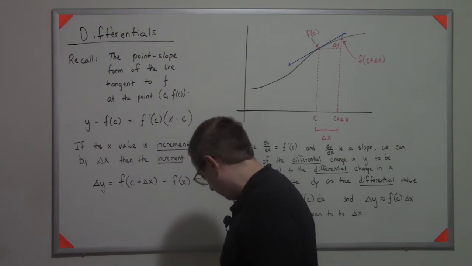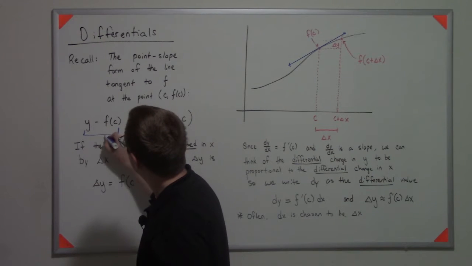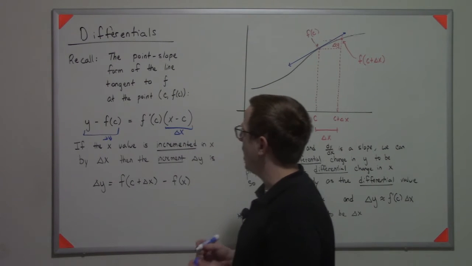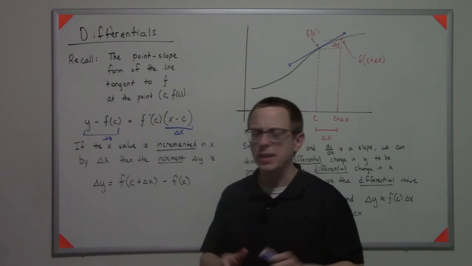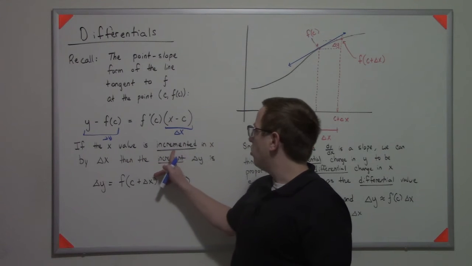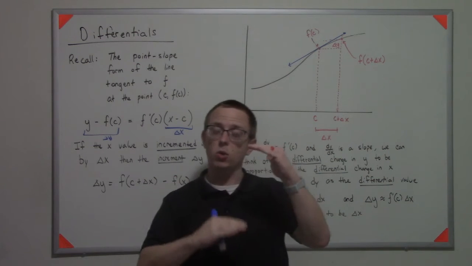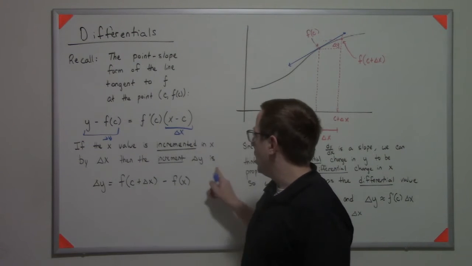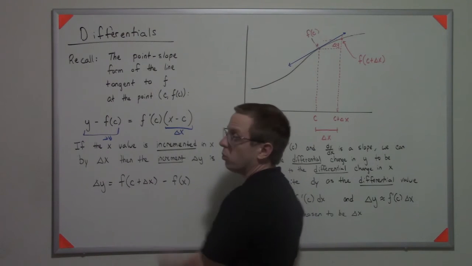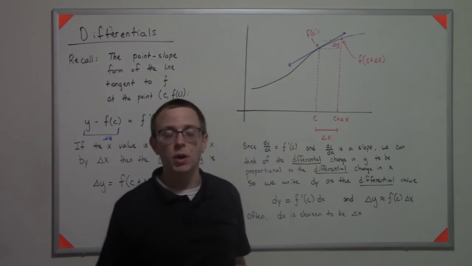So you can kind of think of this as delta y, delta x, basically. So what we say is if the x value is incremented by some delta x length, then we call the increment in y, this delta y, just the difference in the function values. All we're doing is we're formalizing this depiction there.